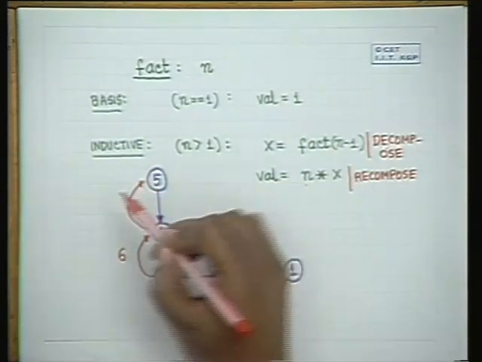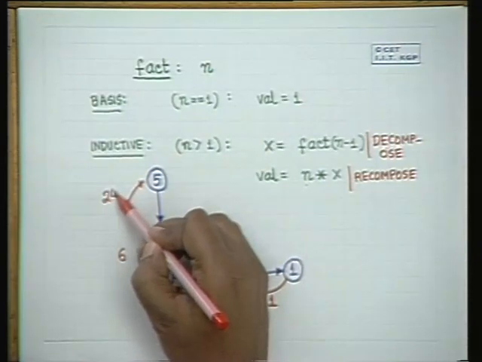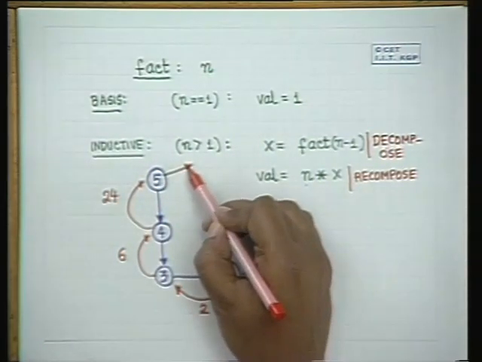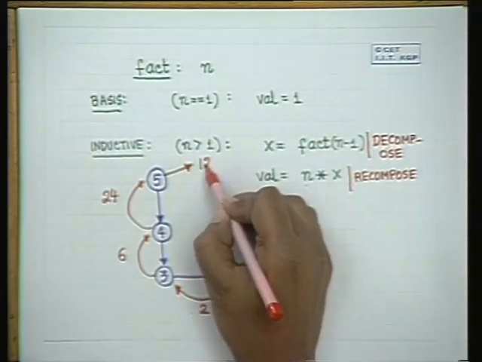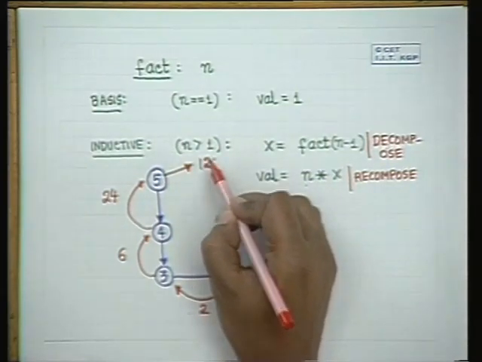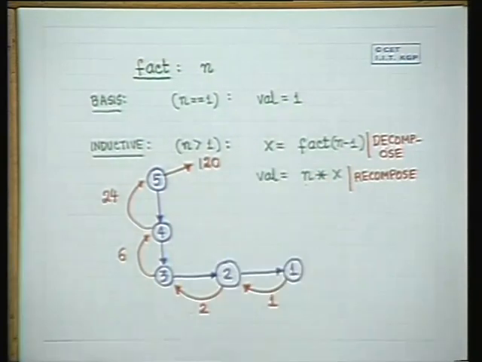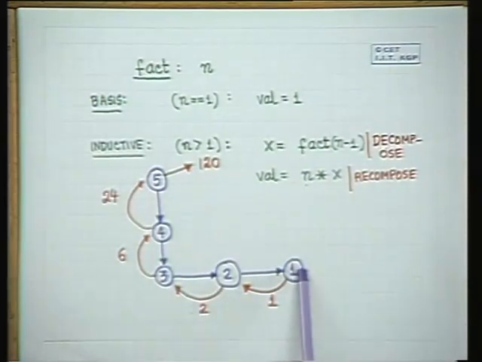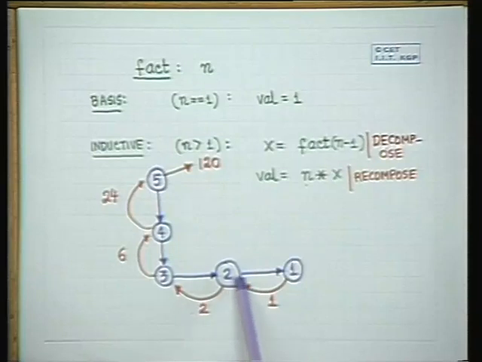This returns 24 and this returns 120. So, there is a sequence of decomposition, returning, and some recomposition occurs here back.